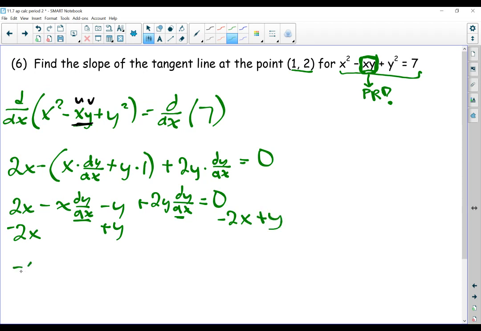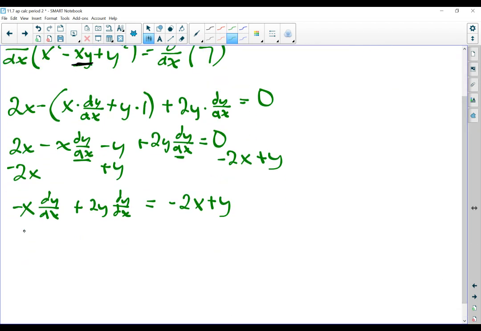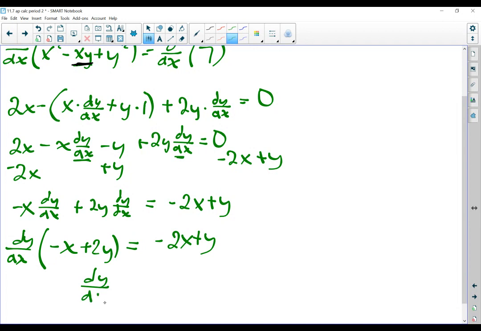That leaves me with negative x dy/dx plus 2y dy/dx equals negative 2x plus y. From here, I can pull out the dy/dx. And then I'm going to divide both sides by that fraction, and I get negative 2x plus y over negative x plus 2y.